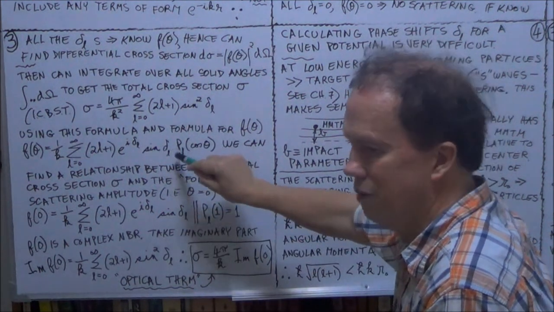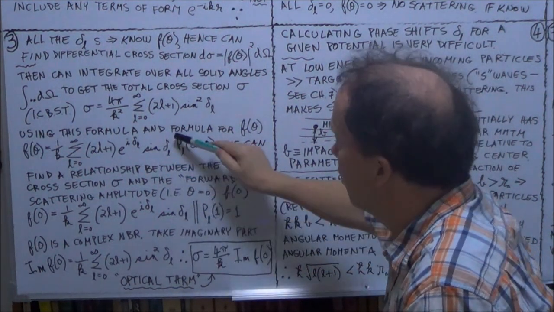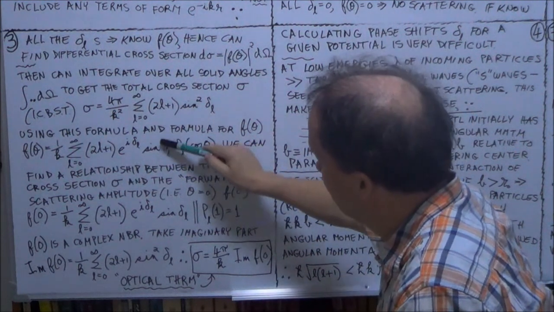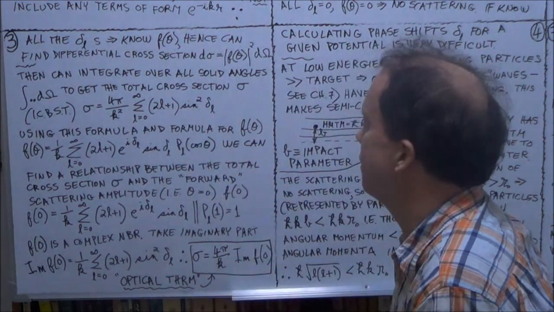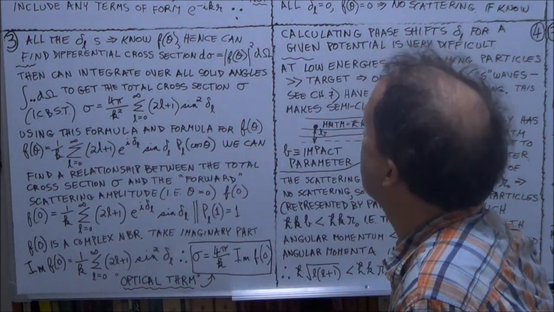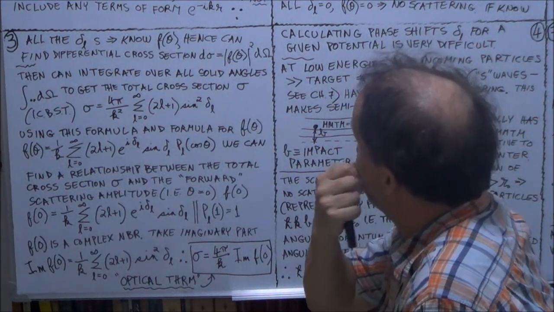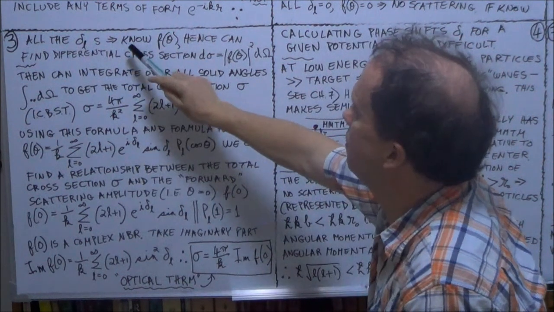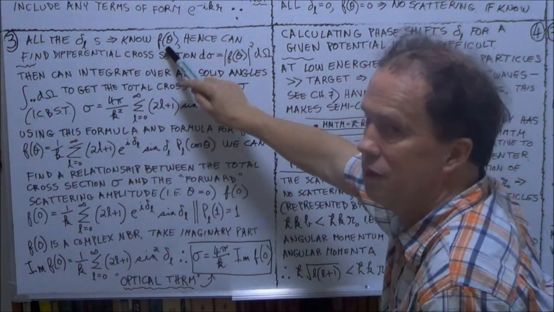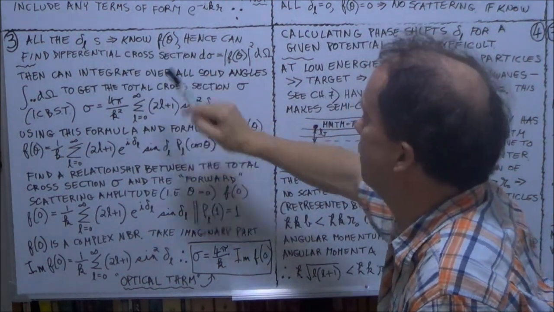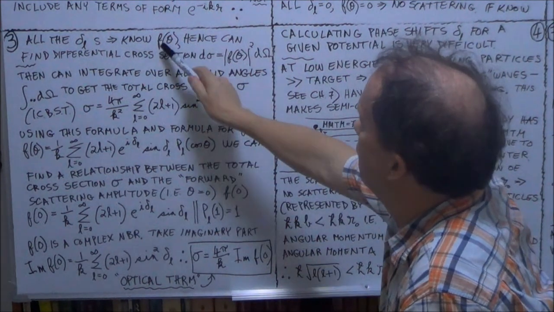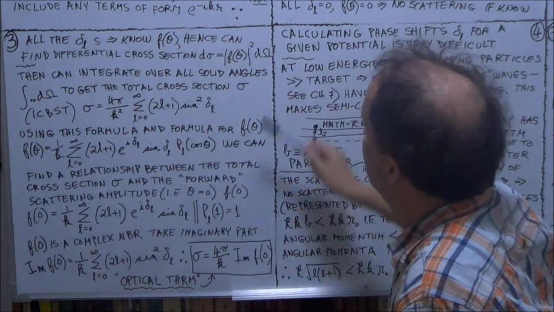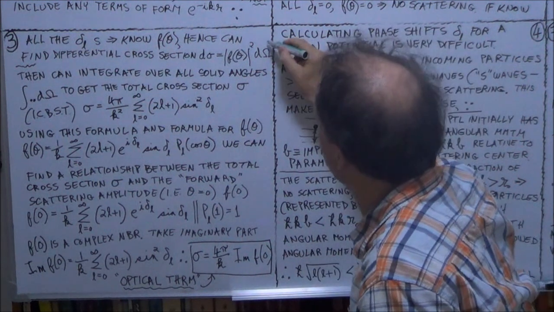We'll do further analysis, try to find a formula for these deltas. What are they? Now, if you know all these phase changes, these deltas, then you know the scattering amplitude, your f of theta.